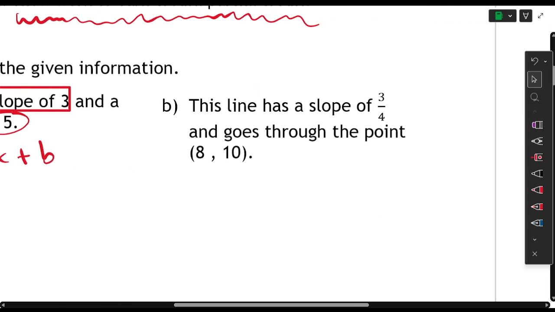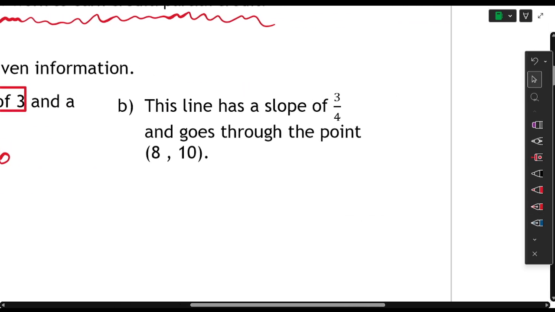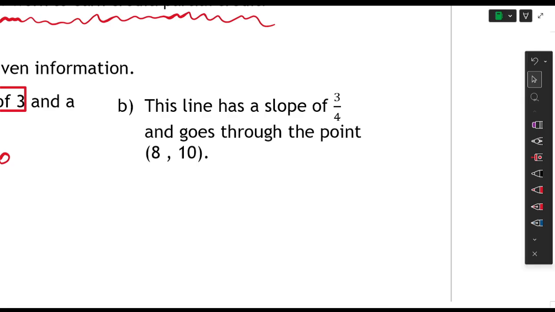Next question. It says this line has a slope of 3/4 and it goes through the point (8, 10). This time we're not given the y-intercept, but we are given a point that the line goes through. We use that point to identify the x value and the y value, and we are given the slope, which is m.